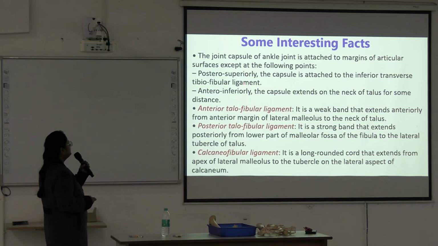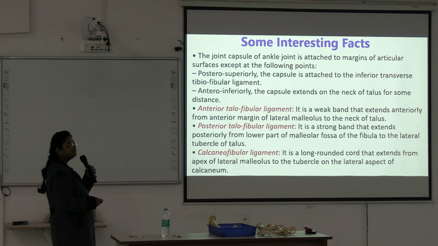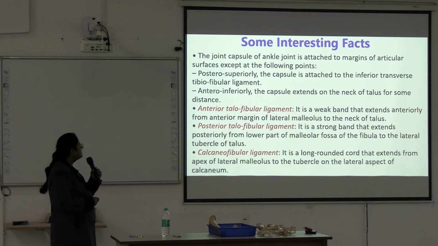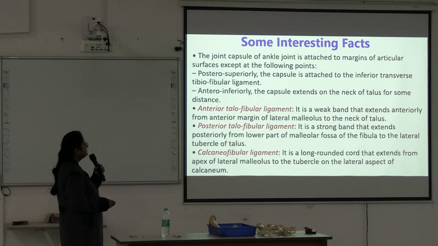The joint capsule of the ankle joint is attached to the margins of the articular surfaces except at the following points. Posterior superiorly, the capsule is attached to the inferior transverse tibiofibular ligament, and anterior inferiorly, the capsule extends on the neck of the talus for some distance. The anterior talofibular ligament is a weak band that extends anteriorly from the anterior margin of the lateral malleolus to the neck of the talus.